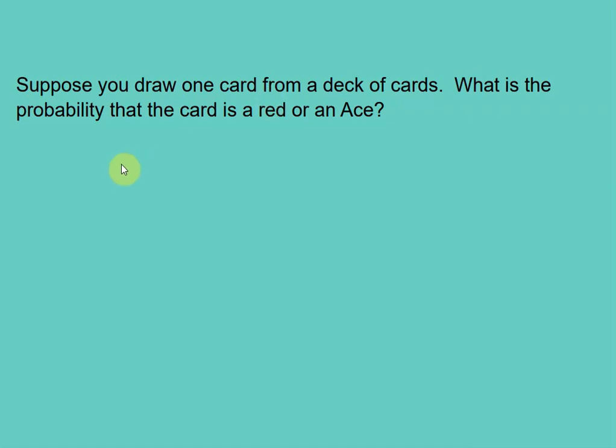So that means the probability would be 26 out of 52. We could reduce that and get 1/2, but I'm going to leave it like that for right now. The probability of getting an ace out of a deck of cards. First of all, how many aces are in a deck of cards? There are 4 aces in a deck of 52 cards.